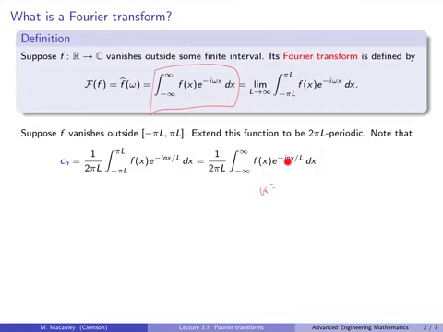So if omega is n over L, then what's inside the integral is equal to this integral here, except now we have a 2 pi L on the outside.